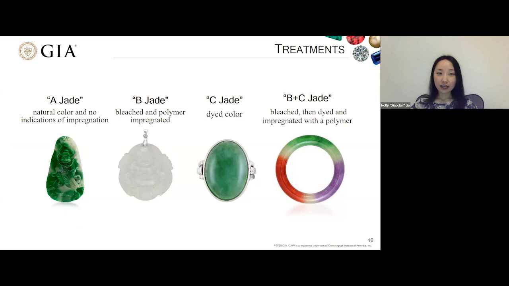A jade refers to stones that are completely natural or have been waxed. B jade means the stone has been bleached and polymer impregnated. C means the stone has been dyed. And the first item here is an example of a stone being bleached, impregnated, and dyed, known as B plus C jade.